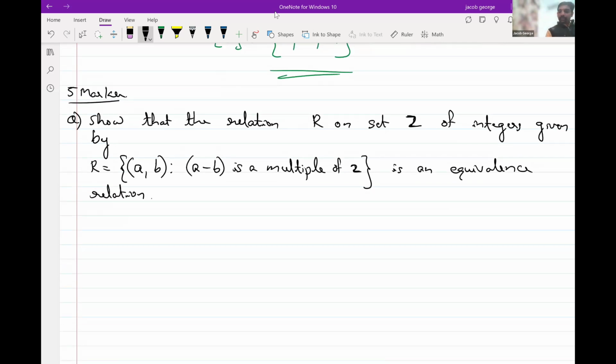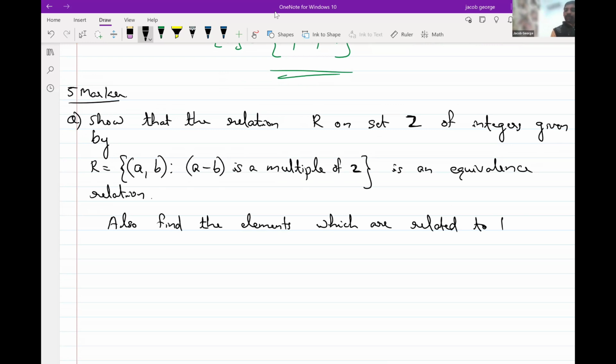Then the second part is also find the elements which are related to 1.